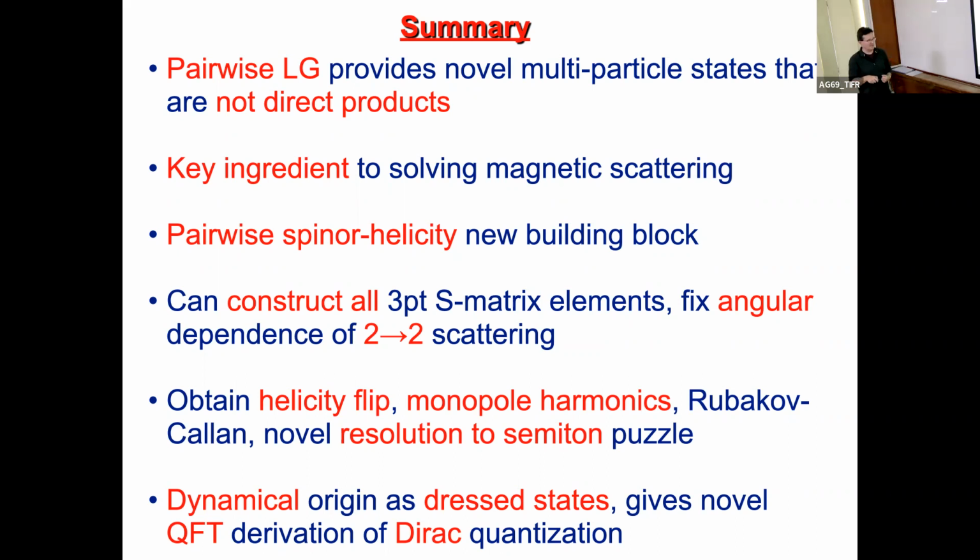What I'm claiming is that it is the effect of a cloud of very soft photons surrounding these states, dressing the usual asymptotic states, that is going to give rise to the pairwise helicity.